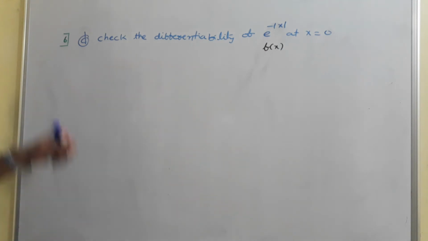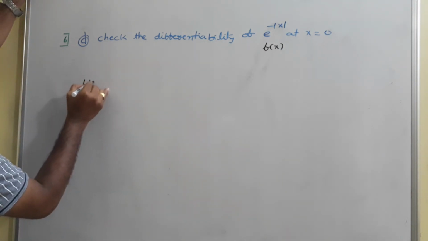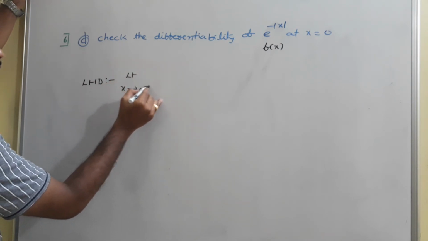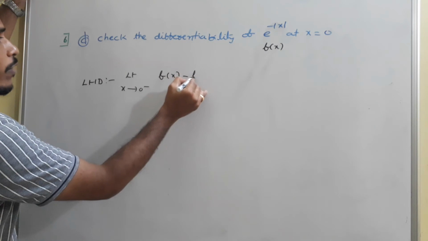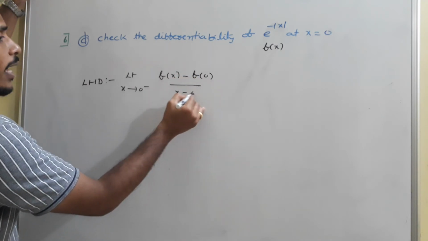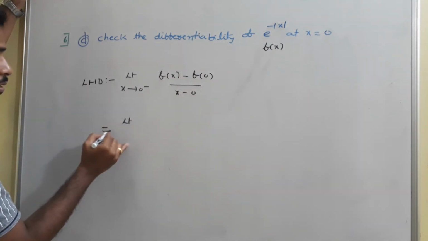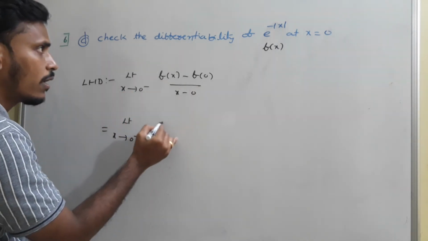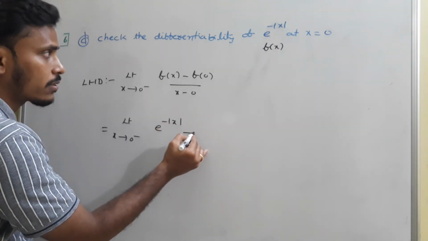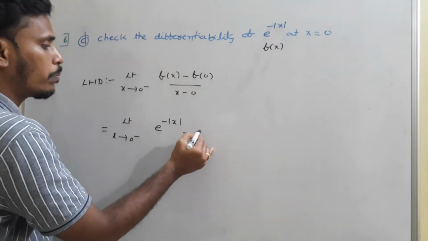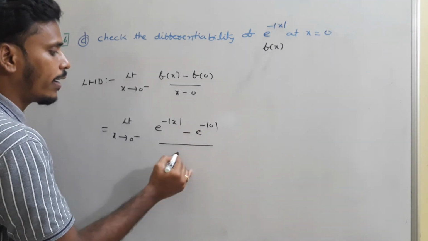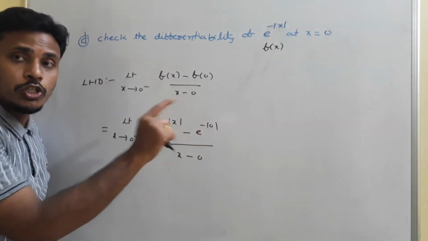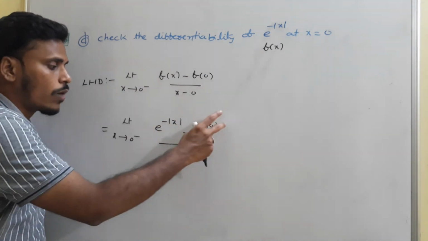Then the left hand derivative is simply the limit as x tends to 0 minus of f of x minus f of 0 by x minus 0, which is e power minus mod x minus f of 0, so e power minus mod 0, divided by x minus 0. E power minus mod 0 is e power 0, and that is 1.